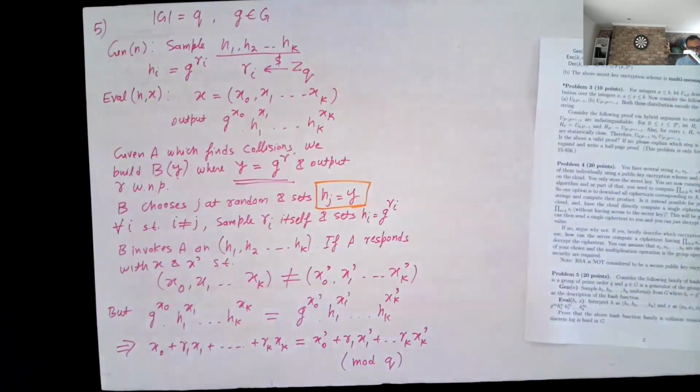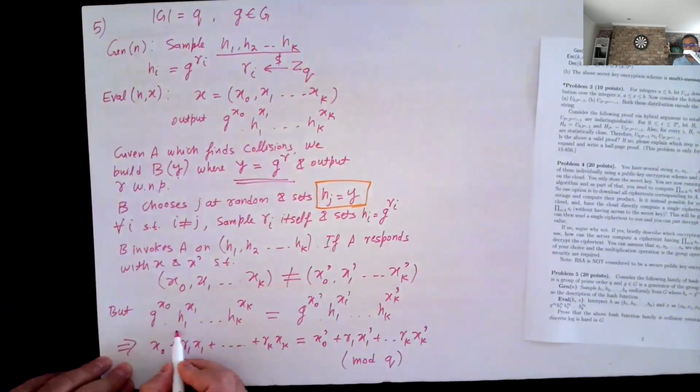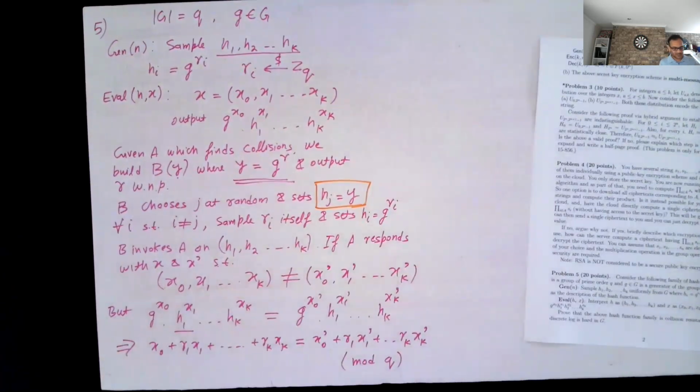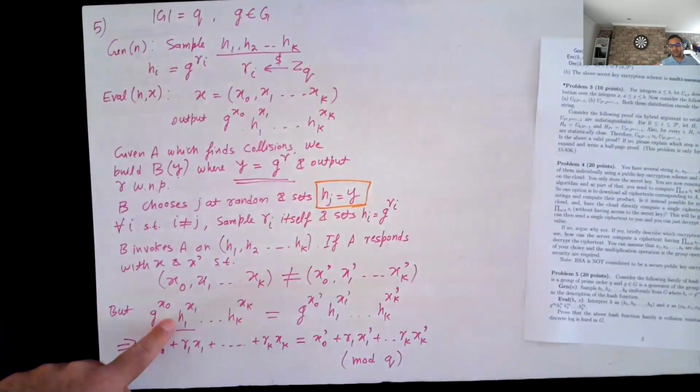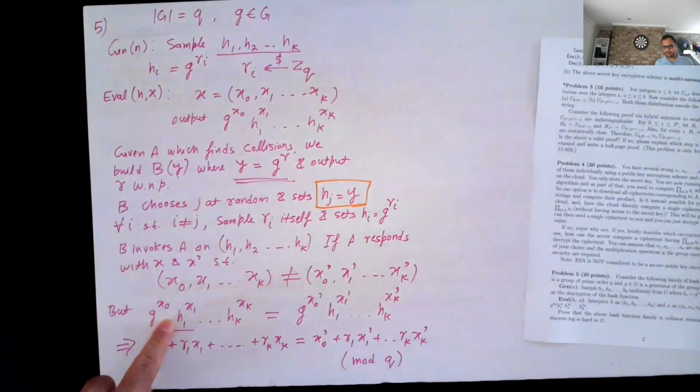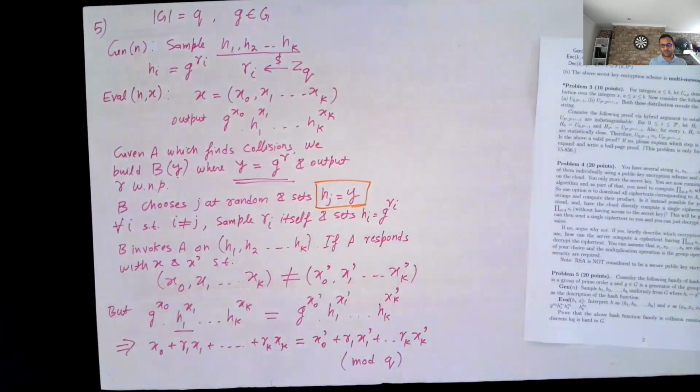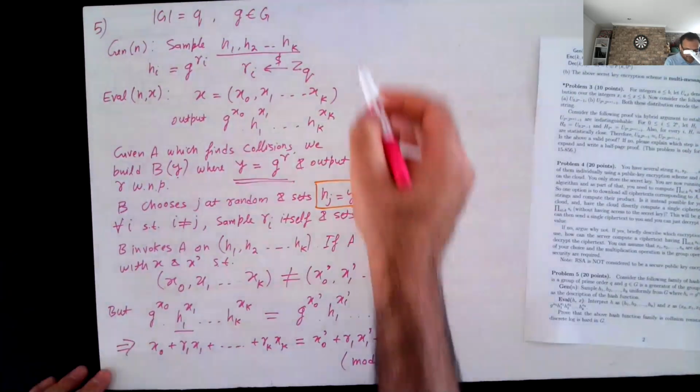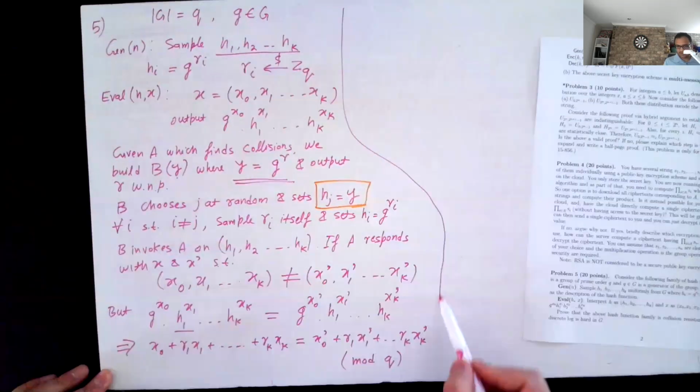And here I am just using the fact that hi is equal to g to the power ri. So this value is equal to g to the power r1 x1, right? So I'm just taking the exponent of g and they should be equal mod q. Is this step clear?